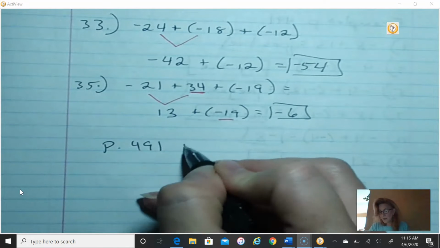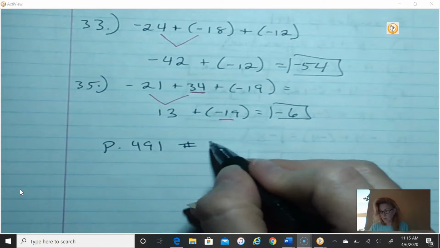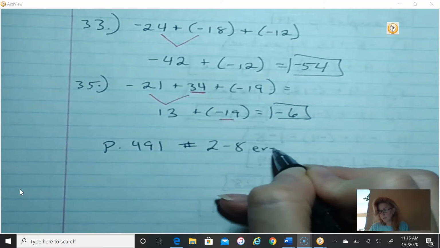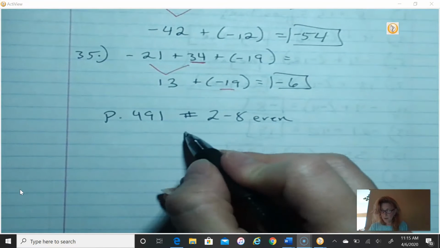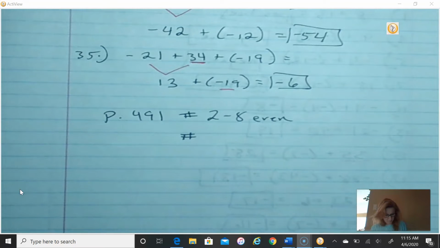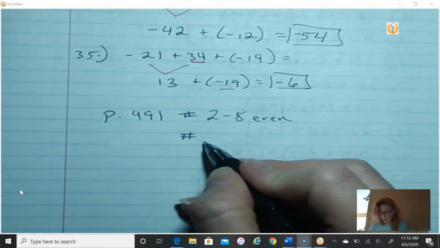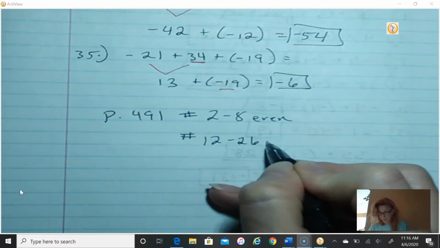Page 491. You're going to be doing 2 through 8 even. That's 1, 2, 3, 4. You're going to be doing numbers 1 through 10. 12 through 26 even.